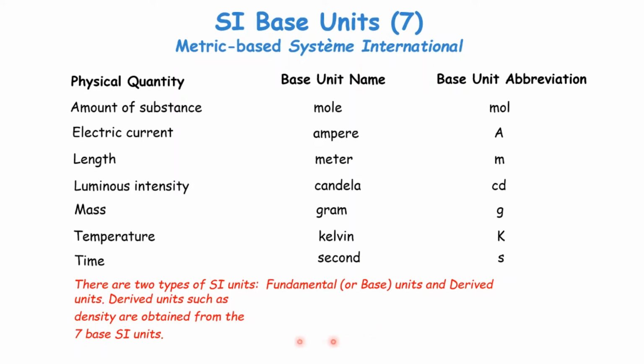So those are the 7 base units. There are other SI units that can be derived from those base units, and of course many more, but in terms of base units, we have these 7.